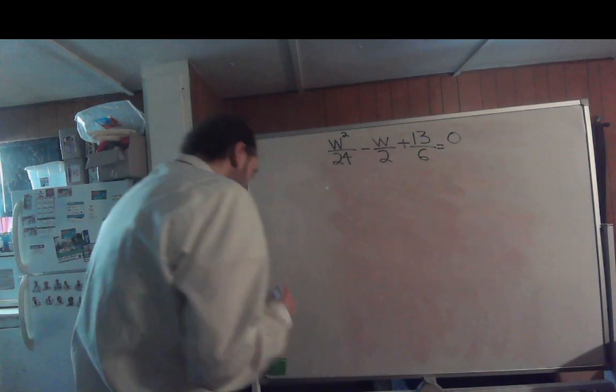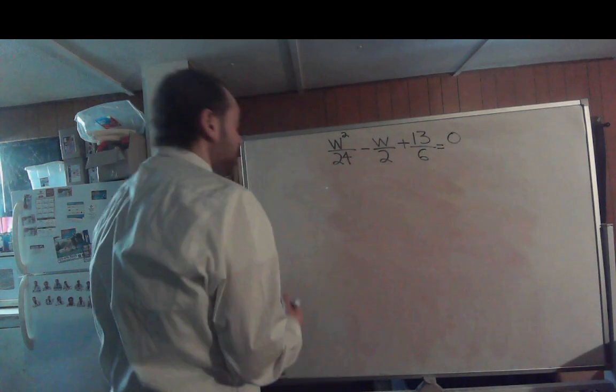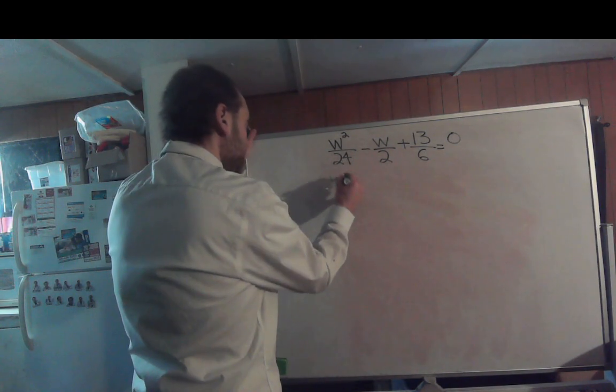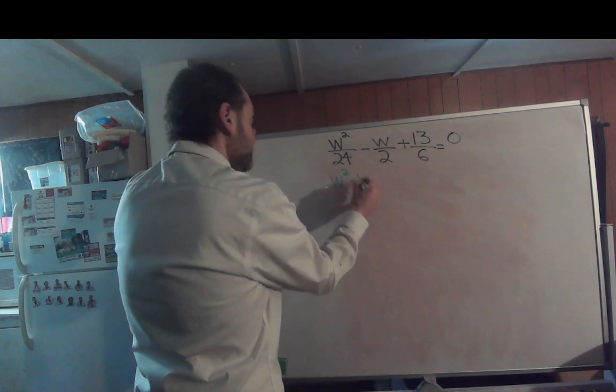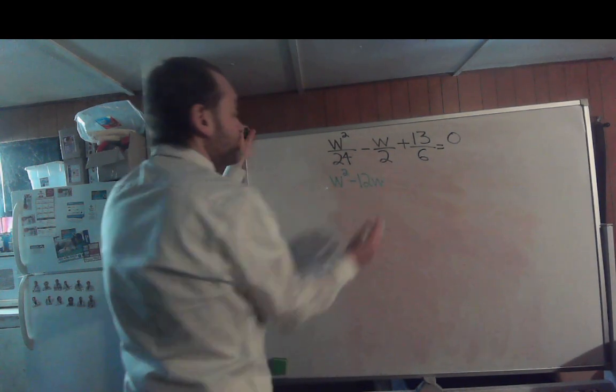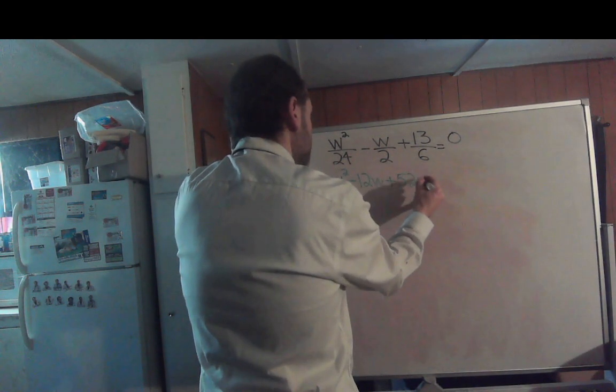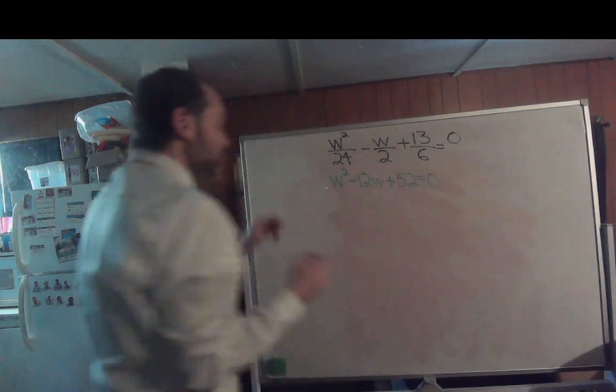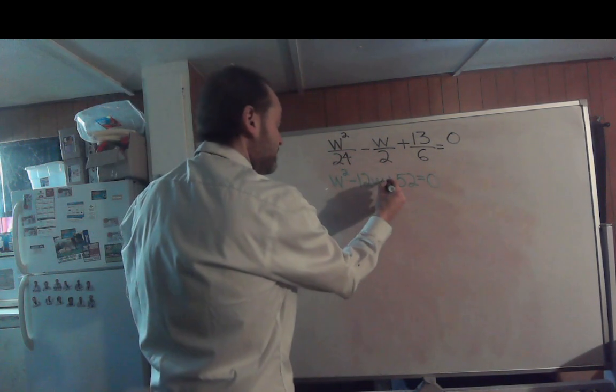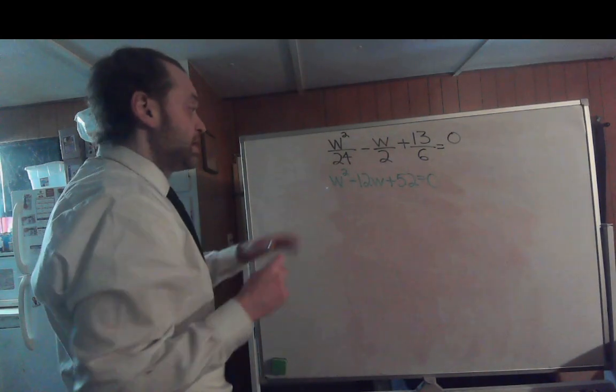So that's going to make this a lot better because it's about to turn into W squared minus 12W plus 52 is equal to 0. So that's so much better. We don't have any fractions now.